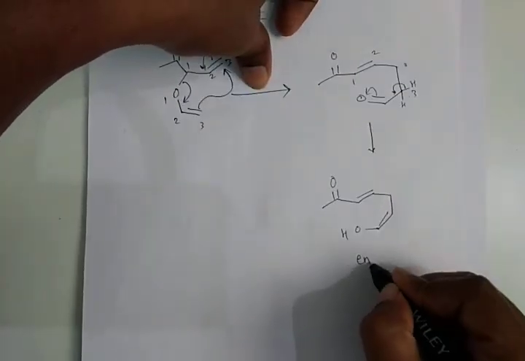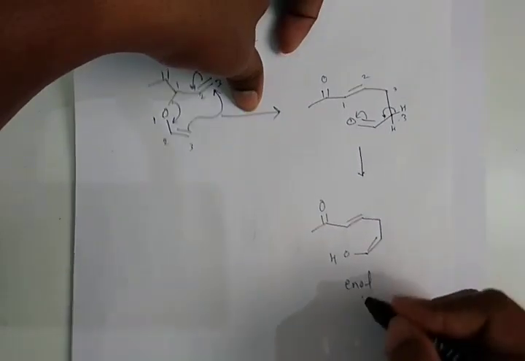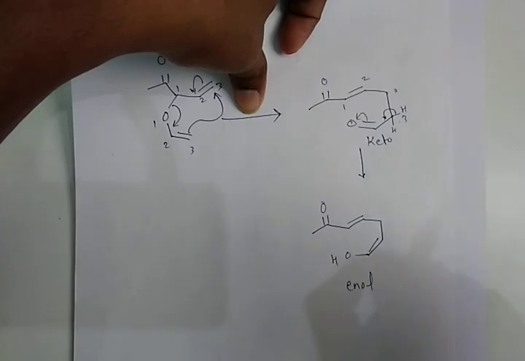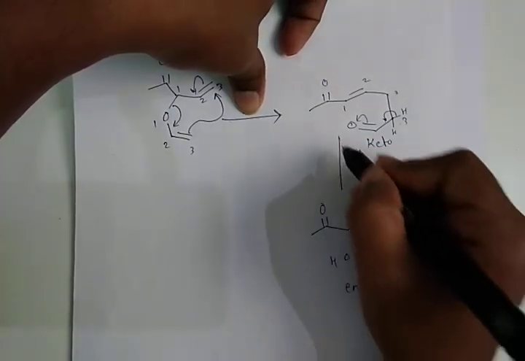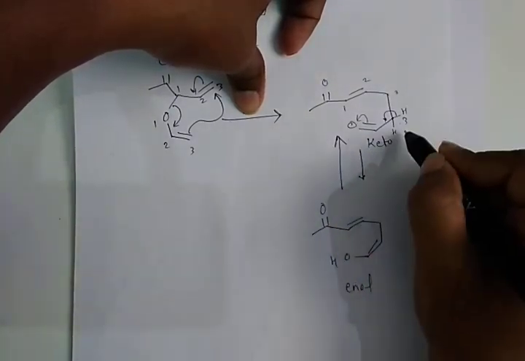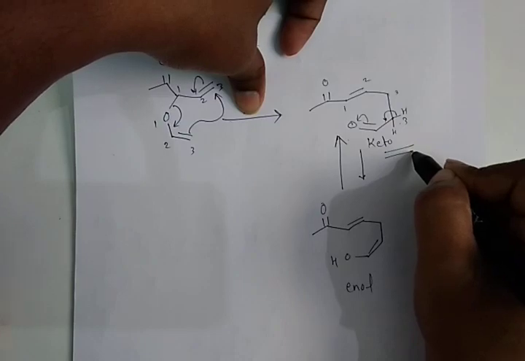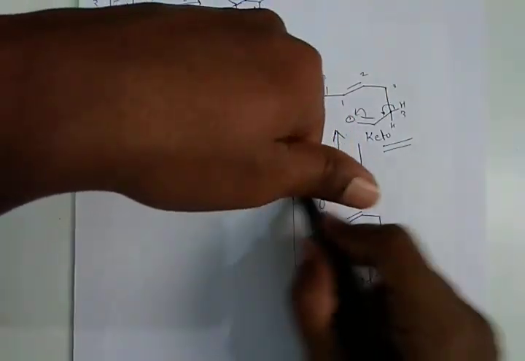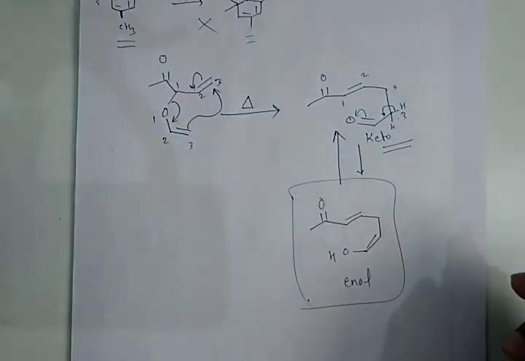This is an enol. And you all know enols and ketones are always in dynamic equilibrium where the keto form is more stable, hence this would be the major product, and the reaction will not go further in removal of hydrogen.